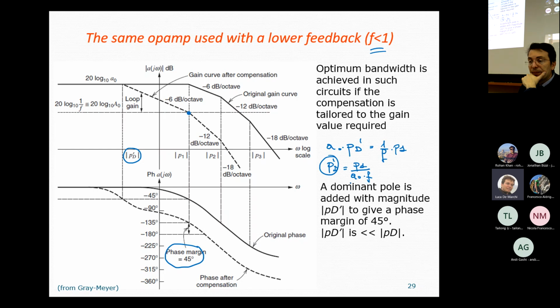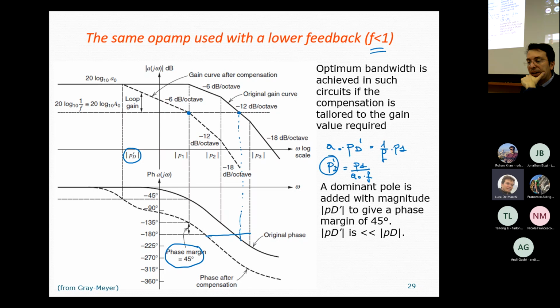So the solid curve is the starting point, and the solid curve is again unstable, because if we look at this point, that is when A of j omega hits the 1 over f curve, we have that the phase value is again below minus 180 degrees.